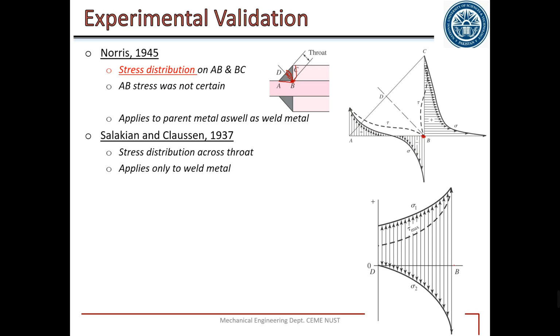Similarly, here point B is the most dangerous point. From that data, we can predict that point B is a little bit dangerous. But how much? After these 70-80 years, we still don't have any direct relationship between stress and the loads applied on the weld.